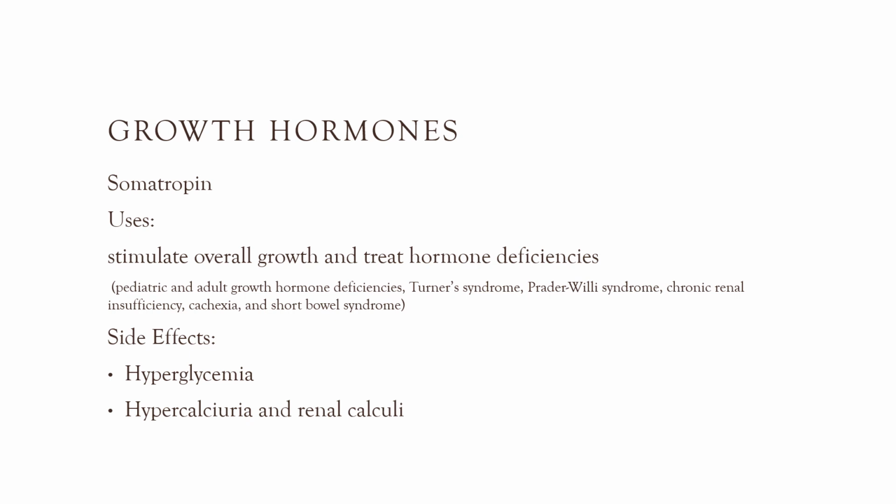And of course, if we're trying to make our patients grow, especially maybe a child with stunted growth, we want to make sure we're monitoring their height and weight to make sure that they're growing the way that we want them to. It can cause high blood sugar and high calcium, which can cause renal calculi, which can cause renal issues.